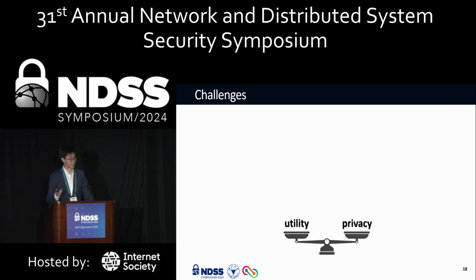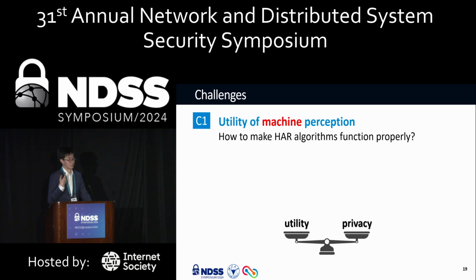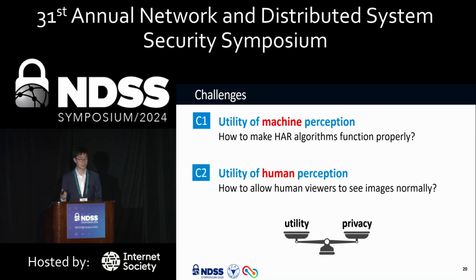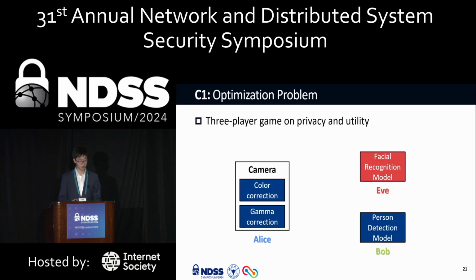Specifically, the utility has two aspects. The first is to ensure that human activity recognition can function properly after parameter adjustments. The second is to ensure that humans can view the image normally in case they need to review the recorded footage. For the first challenge, we consider an optimization problem of ISP parameters.